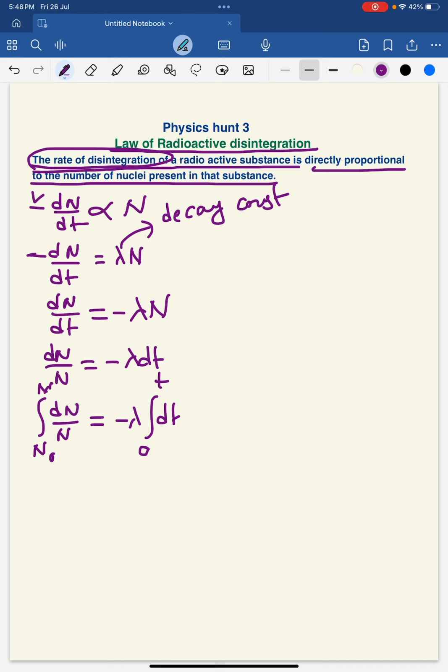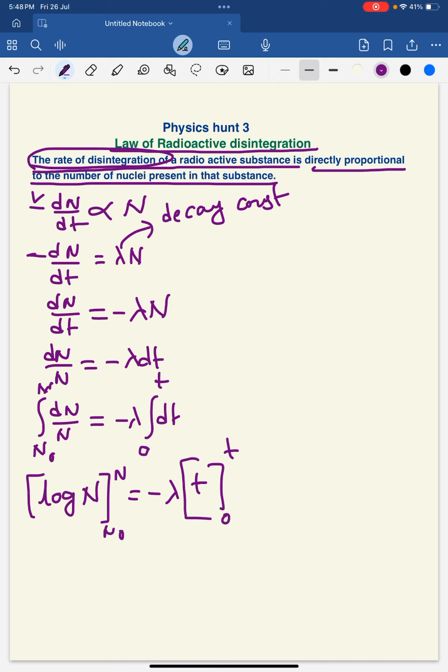Similarly here, integral 1 by N dN means log N. So we can write it as log N, with the boundaries from N naught to N, equal to minus lambda into integral dt, which is t, the time varying from 0 to t.